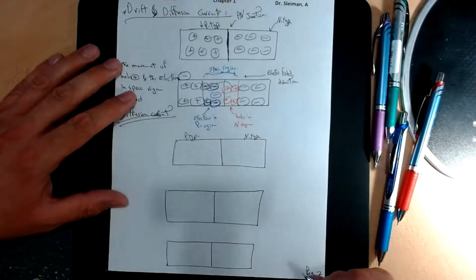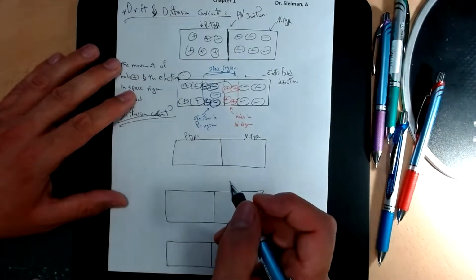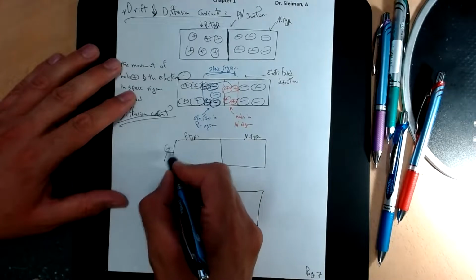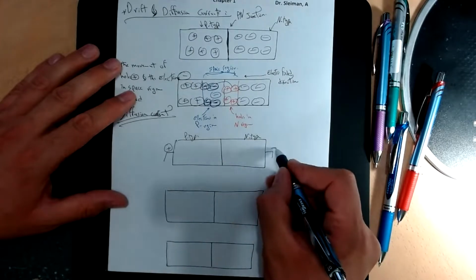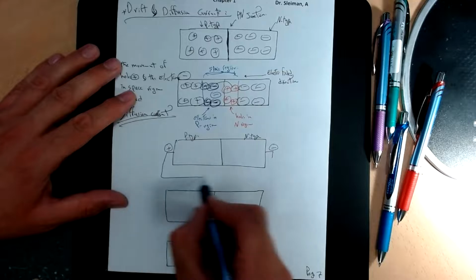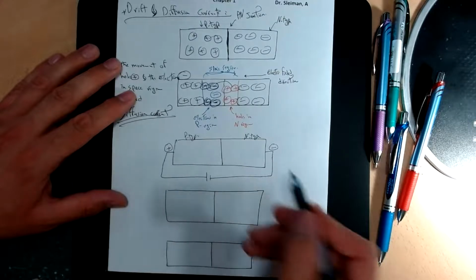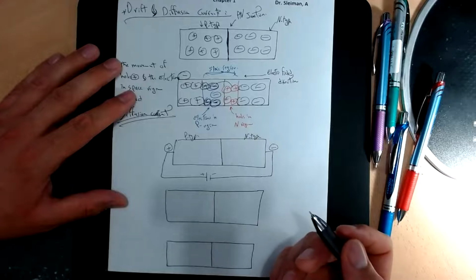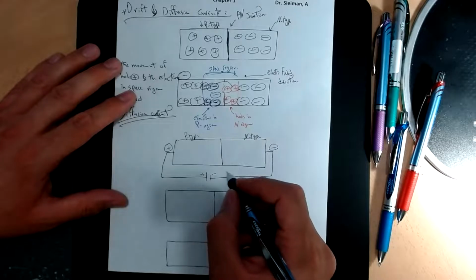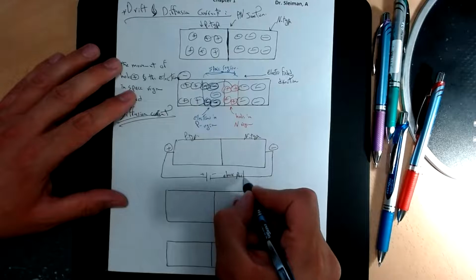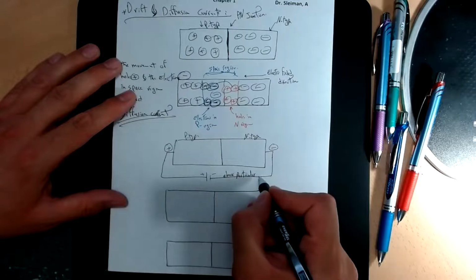So let's say if we put a voltage, usually a positive here and a negative here, let's say this voltage is above its limit.